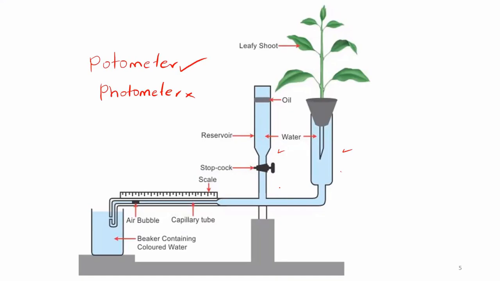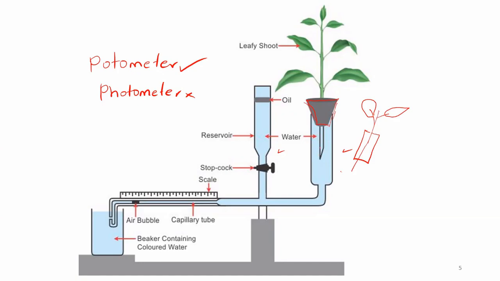Then we have one plant shoot. That plant shoot should be inserted into one cork, and the cork should be placed into the edge of this water tube.